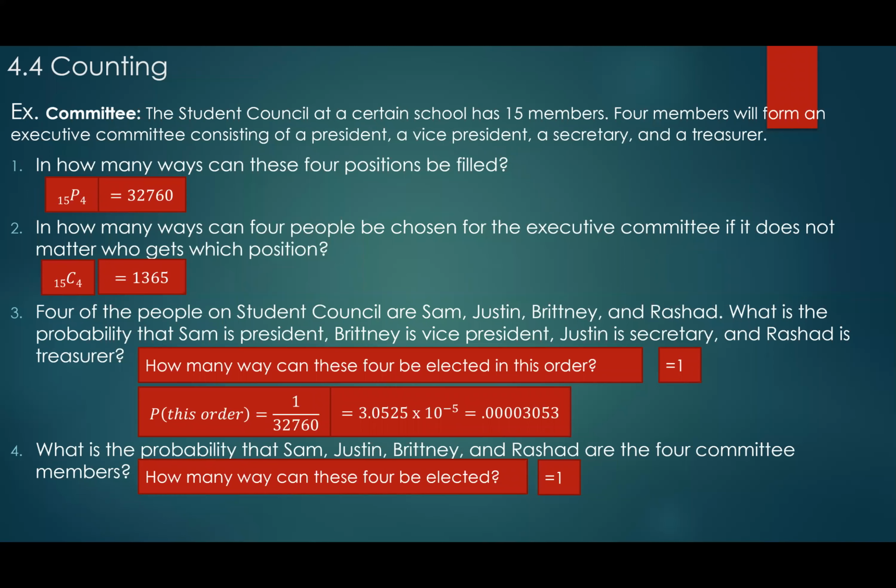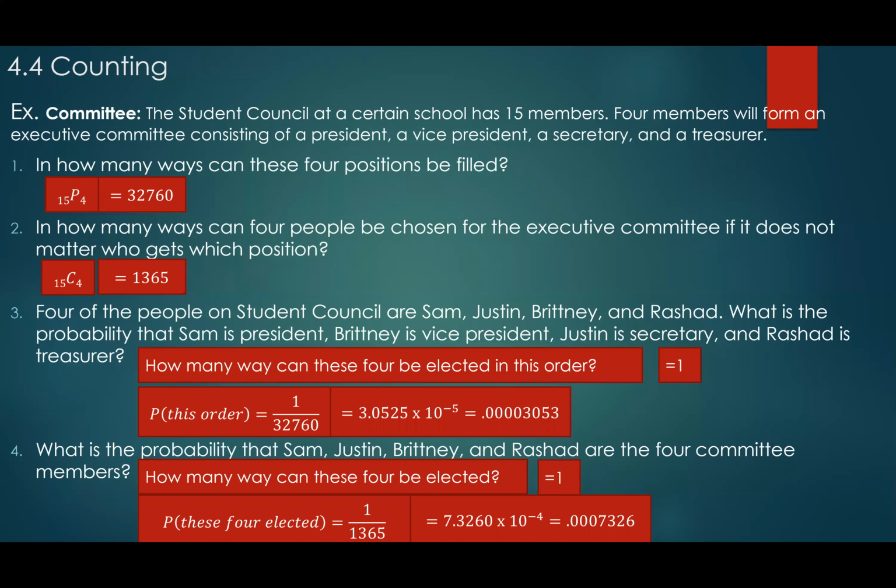And to find the probability, we need to take this one specific way for these 4 people over the total ways that 4 people can be chosen. So in general, this is what we have, 1 over 1,365. And ladies and gentlemen, please, it's not 1 out of 15, right? 1 out of 15 would mean you choose 1 member out of 15 members. That's the probability of choosing one member out of 15.